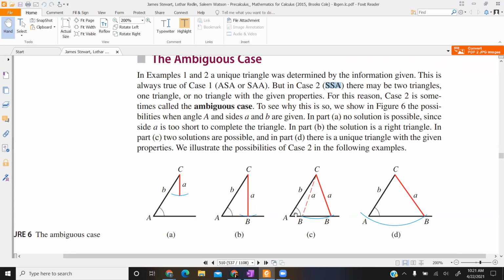If you look at this right here, let's just focus on C and D, or even B. You're given the lengths of B and A, you're given angle A, but you need to determine C and D. Notice with this setup, you could have multiple triangles, not an infinite number, but just a few.